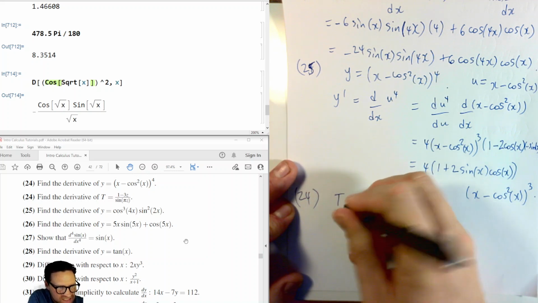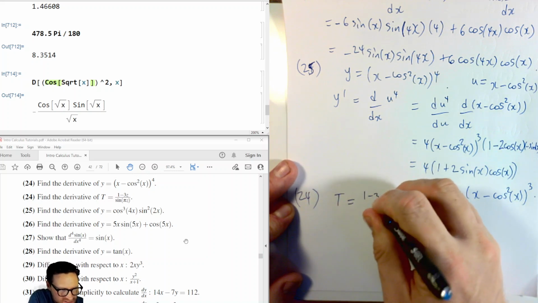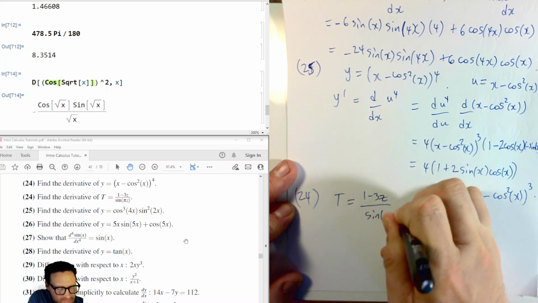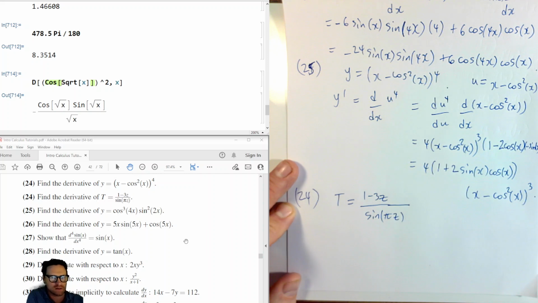Which is t equals 1 minus 3z over sine pi z. Okay, so for this one we need the quotient rule.